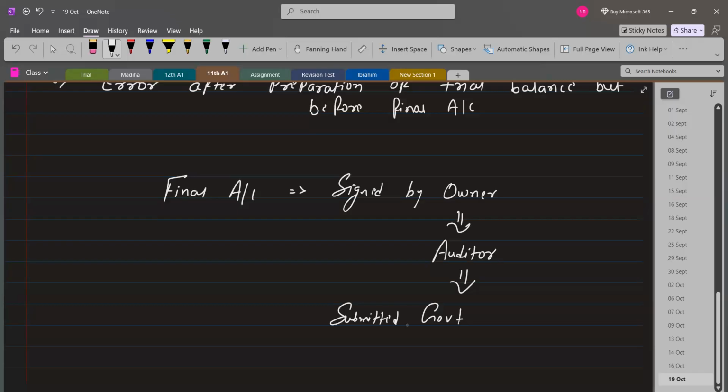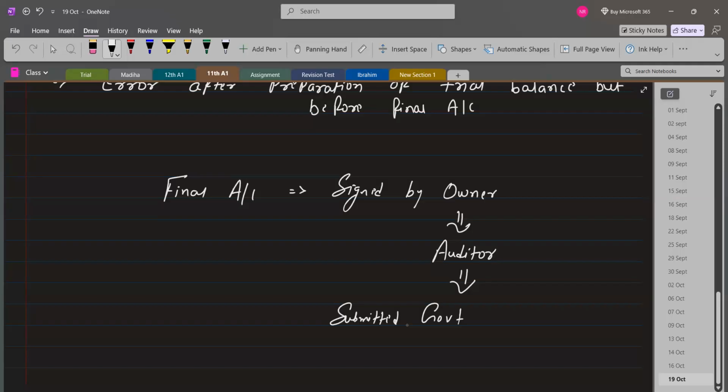Corrected means you cut the final account somewhere and write something else. Can you do this? You both have to answer. No. No, because it is submitted to the government and you cannot make cutting.